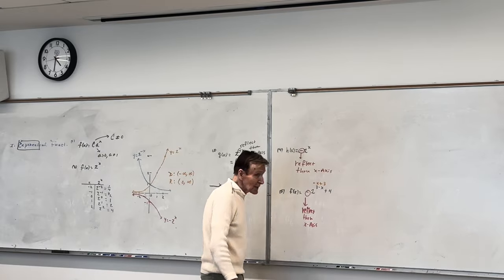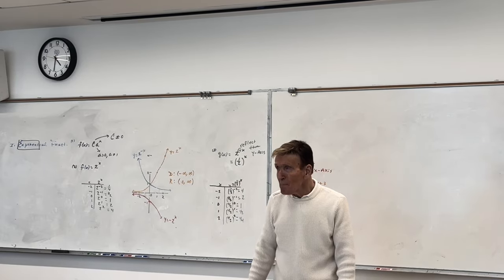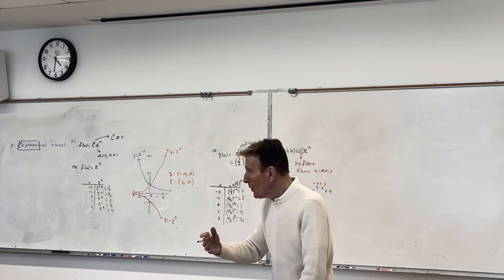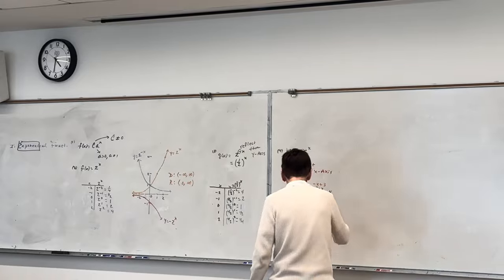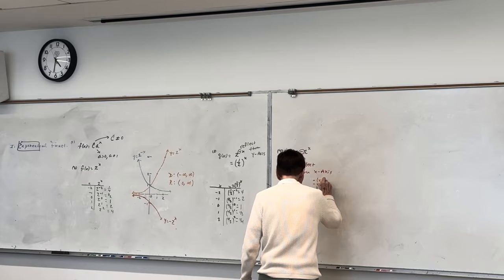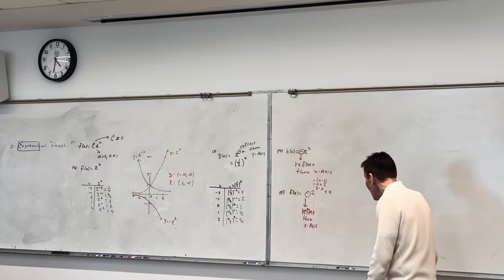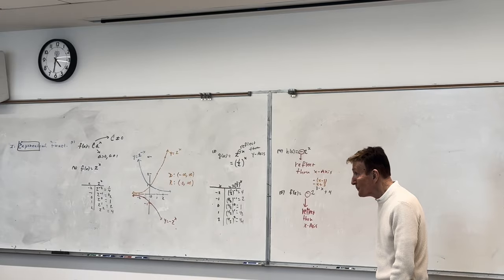Rearrange it as negative x plus 3. Then, what else? Factor out the negative. Oh, wow. Factor out negative. And make it look like that. Negative sign stuck out front, x minus 3.